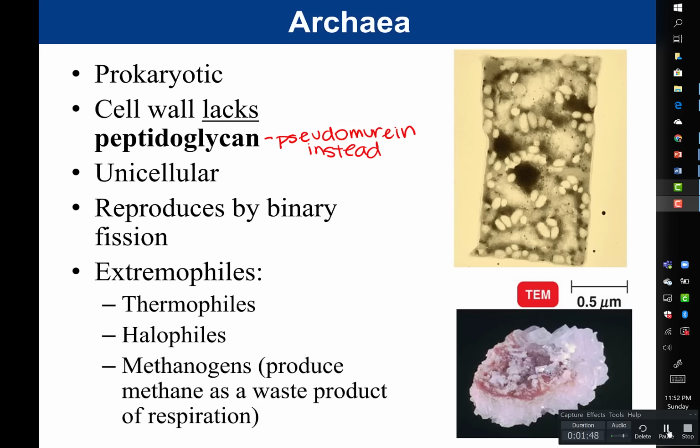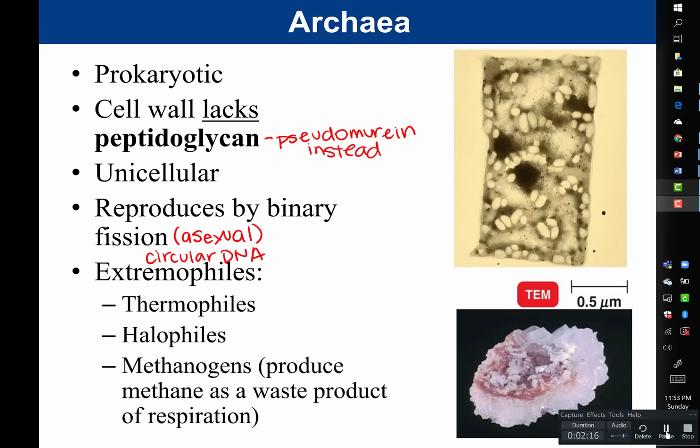It is still protein and sugar mix, but it's not chemically the same as the peptidoglycan. Instead, it's the pseudomurein. Archaea are unicellular. Again, they reproduce by binary fission, which again, remember, is a type of asexual reproduction. They also have circular DNA, just like bacteria do.